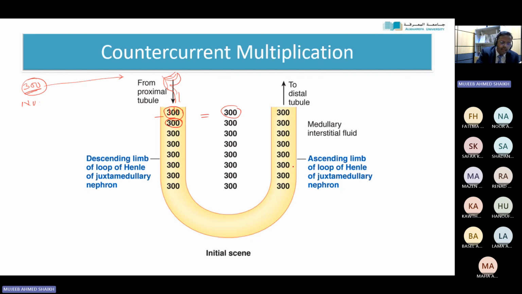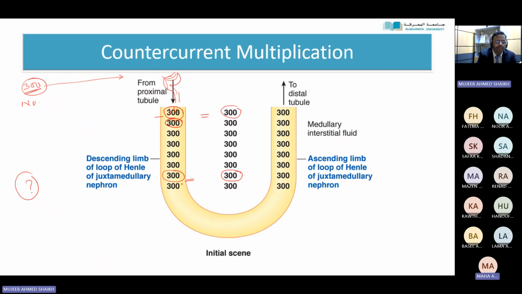Is there any possibility of absorption of water in this case? Question. In this situation where the osmolarity is 300 here and in the interstitium is also 300, will there be a movement of water? No. Why?